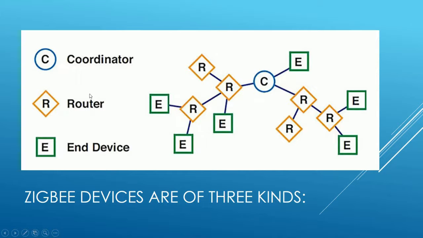Zigbee router. As well as running an application function, a router can act as an intermediate router, passing data from other devices. Zigbee end device. It contains just enough functionality to talk to the parent node. It cannot relay data from other devices.